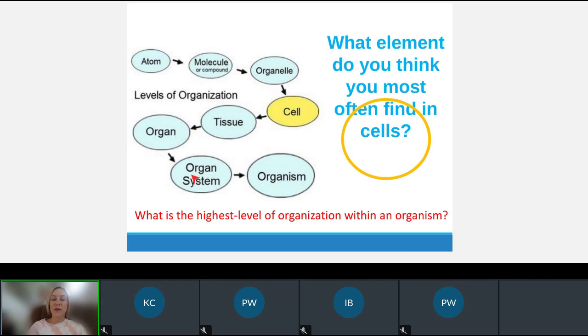Organs work together to make up what? Organ systems. Do you know any of the organ systems? Good, the digestive system. So let's talk about just the digestive system. Yeah, see, I knew you guys would know this one. Let's talk about the organs that make up the digestive system. What organs make up the digestive system?